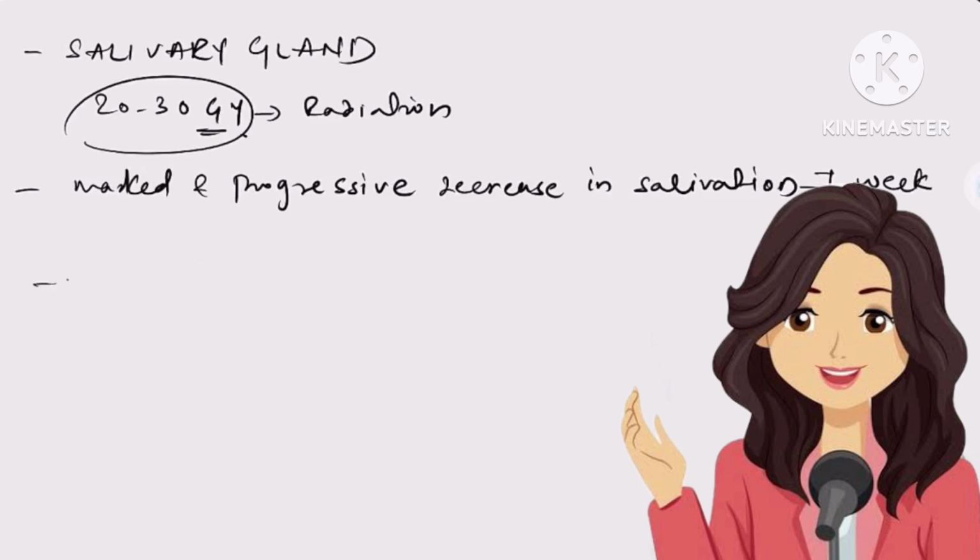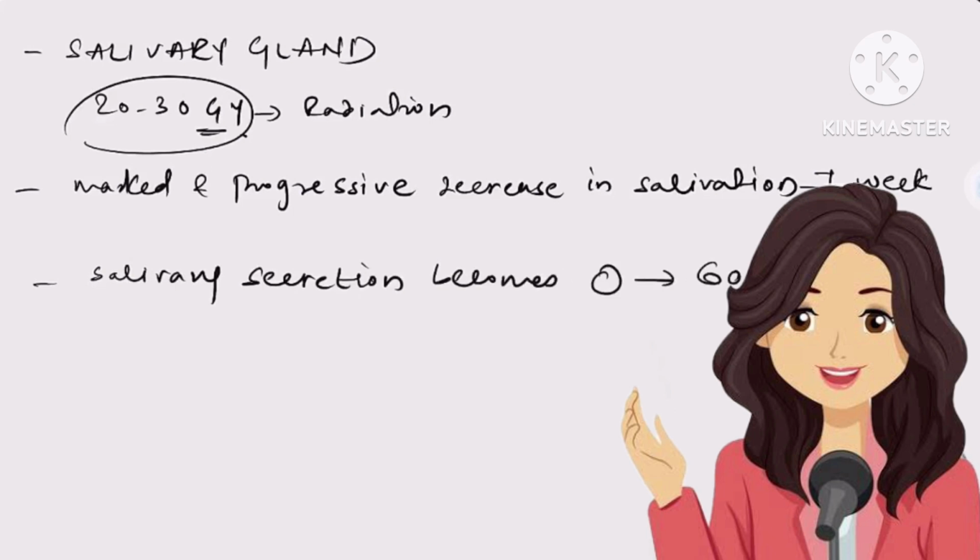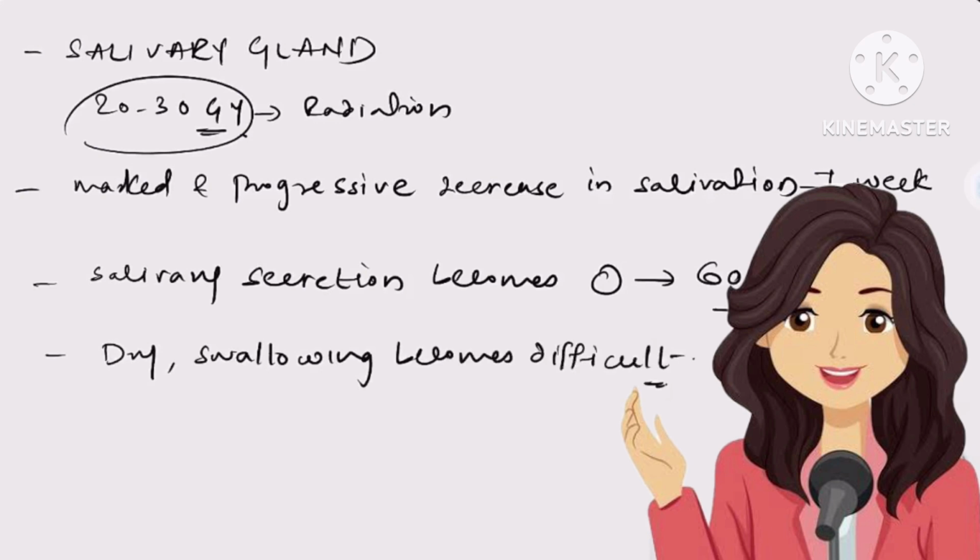Salivary secretion becomes zero at 60 gray. The mouth becomes dry, and swallowing becomes difficult. All right.